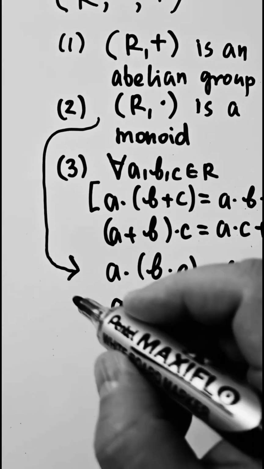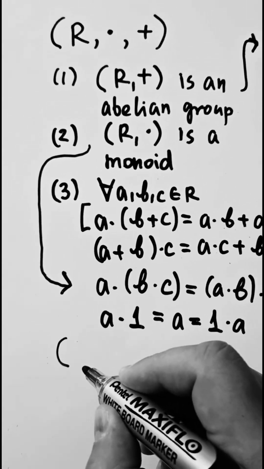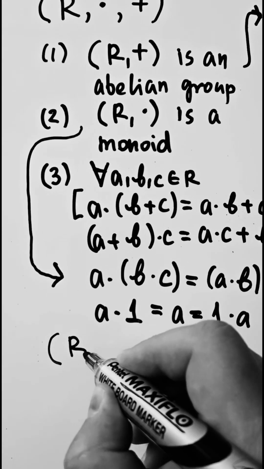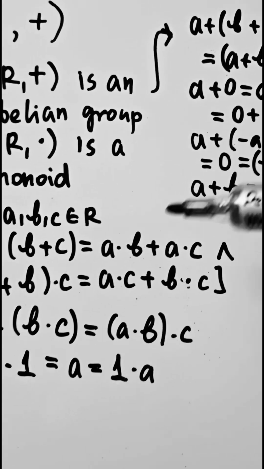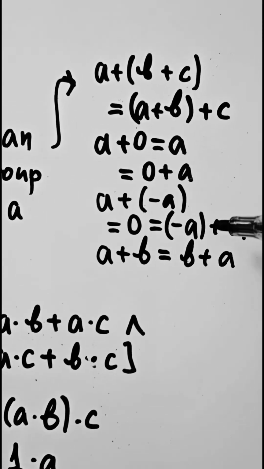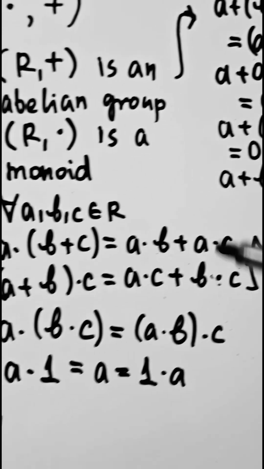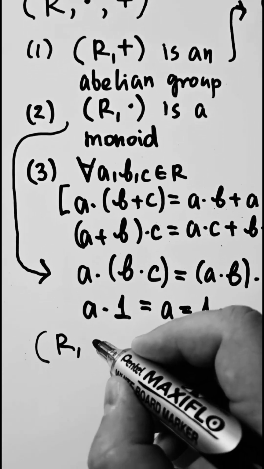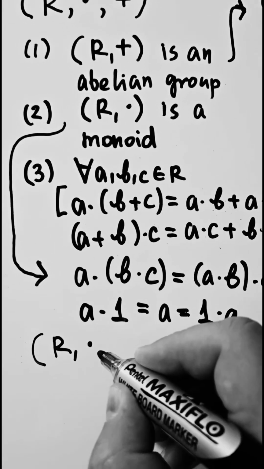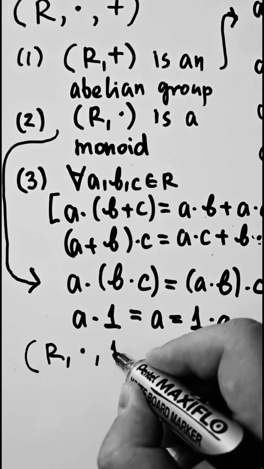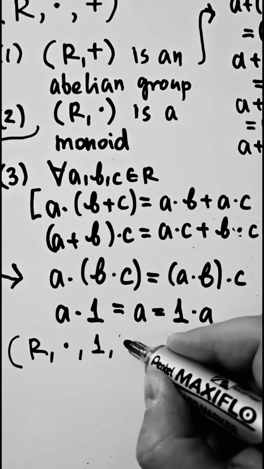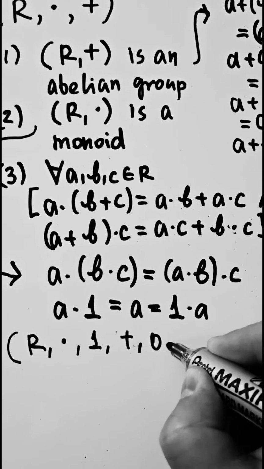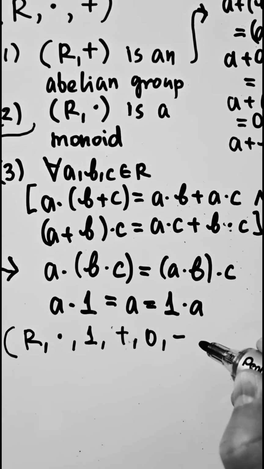Some mathematicians like to represent a ring by showing in the structure the special elements 0 and 1, as well as the operation of taking the inverse of an element. In this case, we would write dot, and next to it we would write 1, and afterwards addition, next to it 0, and next to it the unary operation for taking inverse.